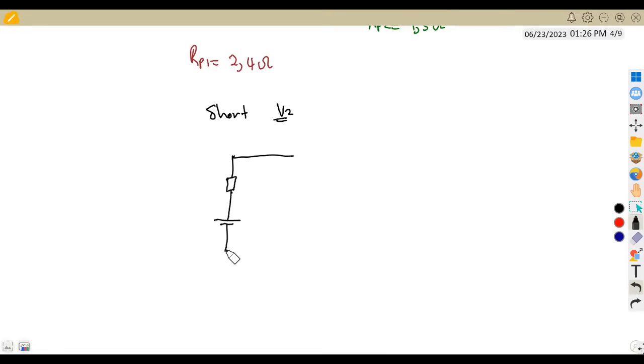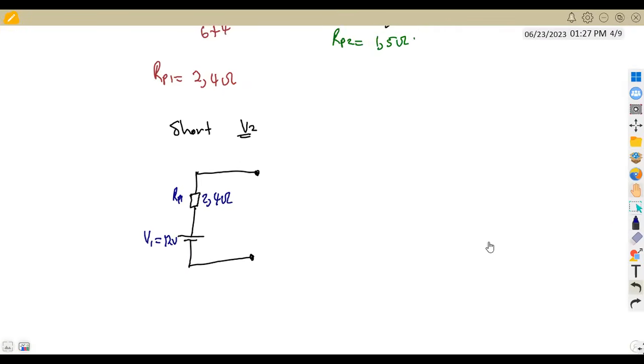Remember, we said we are going to short V2. So this is the first part of our circuit, our RP1, the first parallel combination that we had of 2.4 ohms. And now V1 is part of your circuit, and your V1 was 12 volts in this case. The rest of the circuit is going to remain as it is.